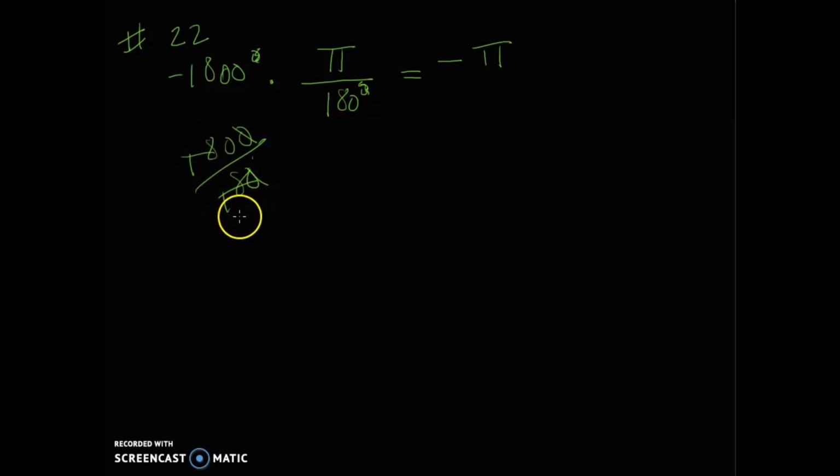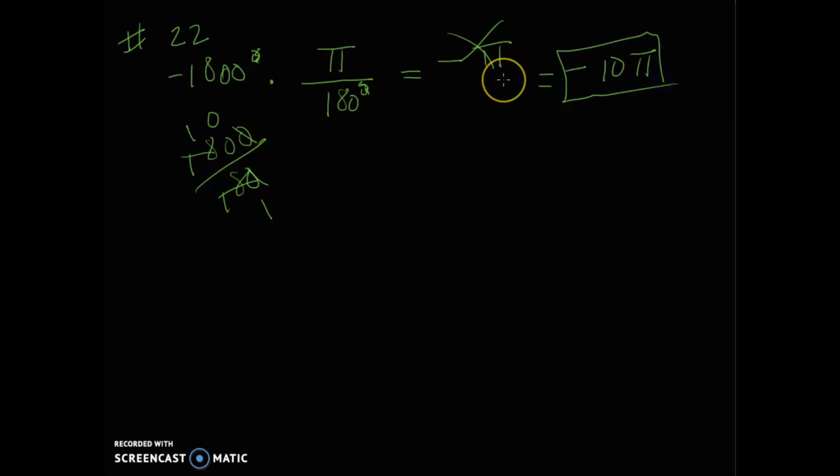So you say there's 0 over 18? No. This is really still 1 and a 0, and this is just a 1 in the denominator. So it's not 0, it's 10 pi. Negative 10 pi, which hopefully makes sense to you. And that should be our 4 steps. Number 44.